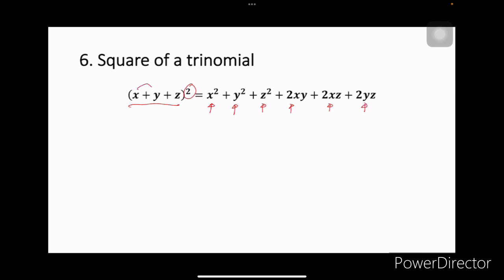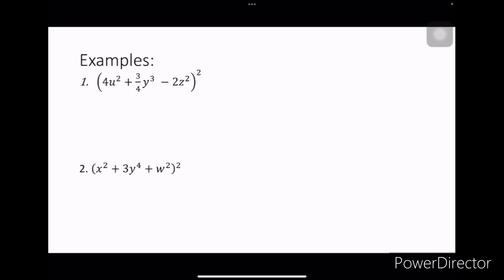So it's plus 2xy, plus 2xz, and then plus 2yz, right? That's the square of a trinomial. So with that, let's have some examples to further understand this.